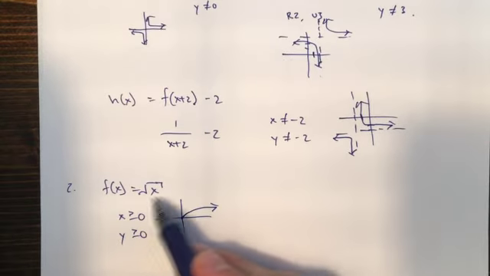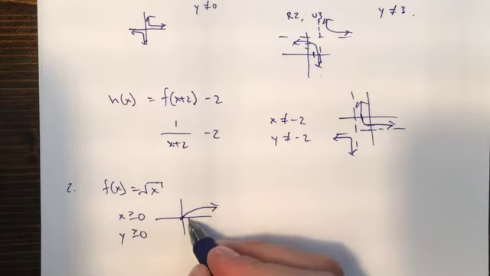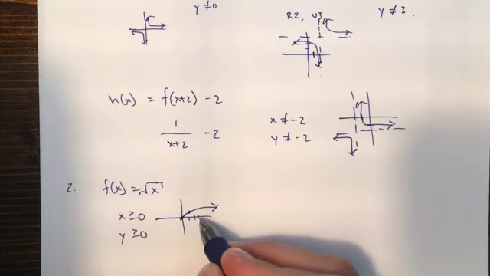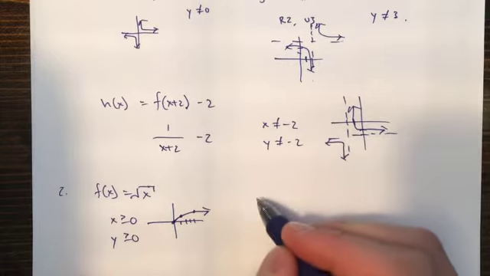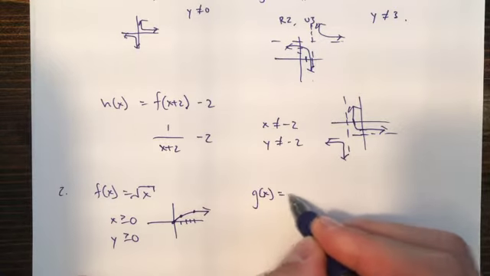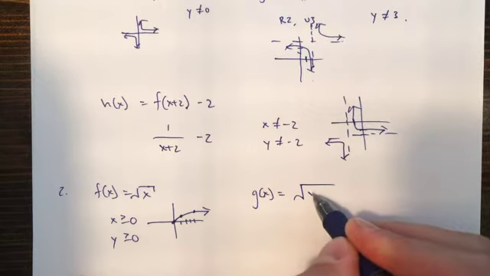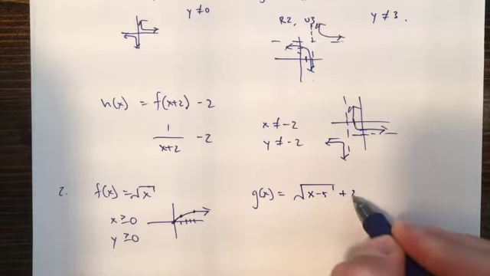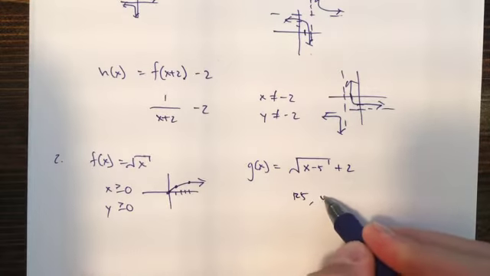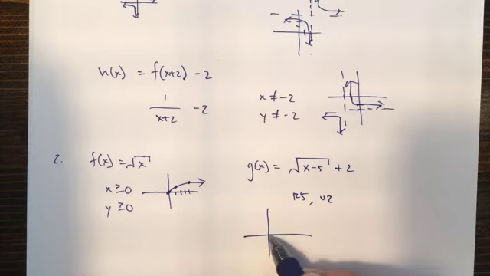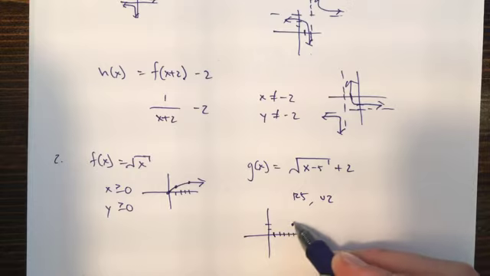If you forget, just plug in some x values like 0, 1 is 1, 4, the square root of 4 is 2, etc. Now for g of x, which is equal to the square root of x minus 5 plus 2, now we've moved f to the right 5 and up 2. So instead of starting at 0, 0, it starts at 5, 2, like that.